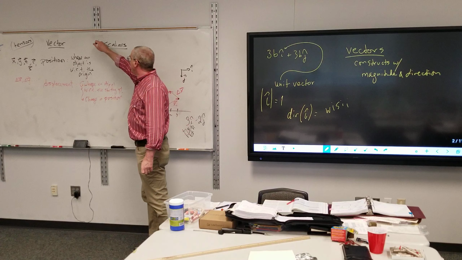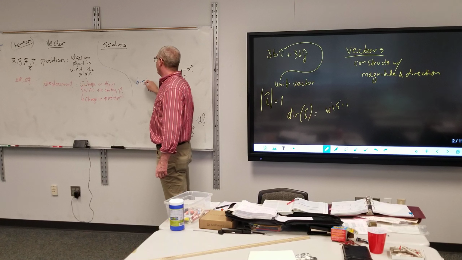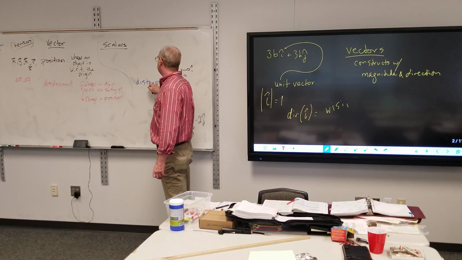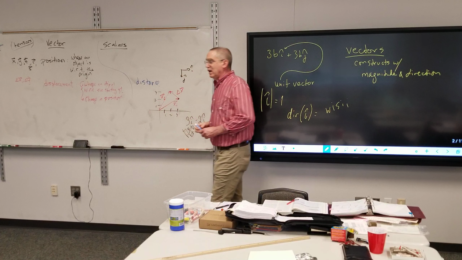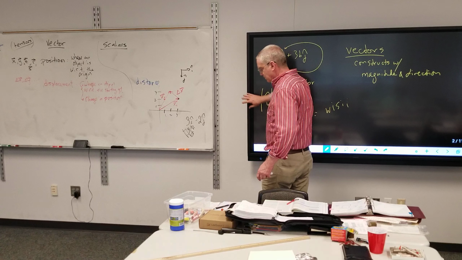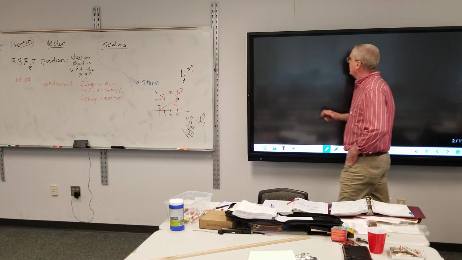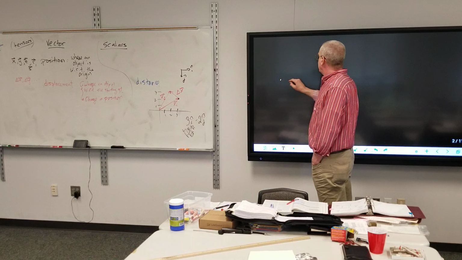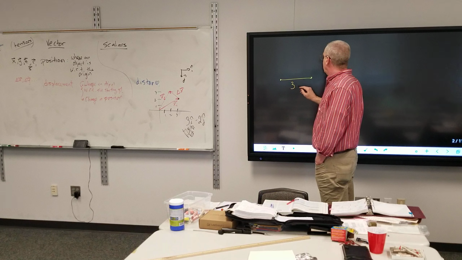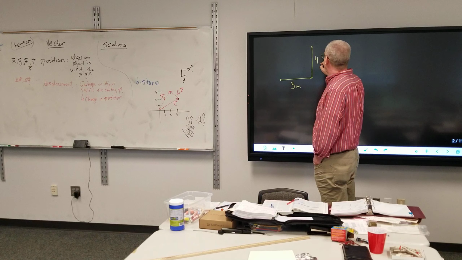All right, there is a scalar analog for displacement, and that is known as distance. So if I ask for the distance traveled, I'm looking for a scalar. So let's just do a quick example here. Start here, I go 3 meters to the right, I go 4 meters up.